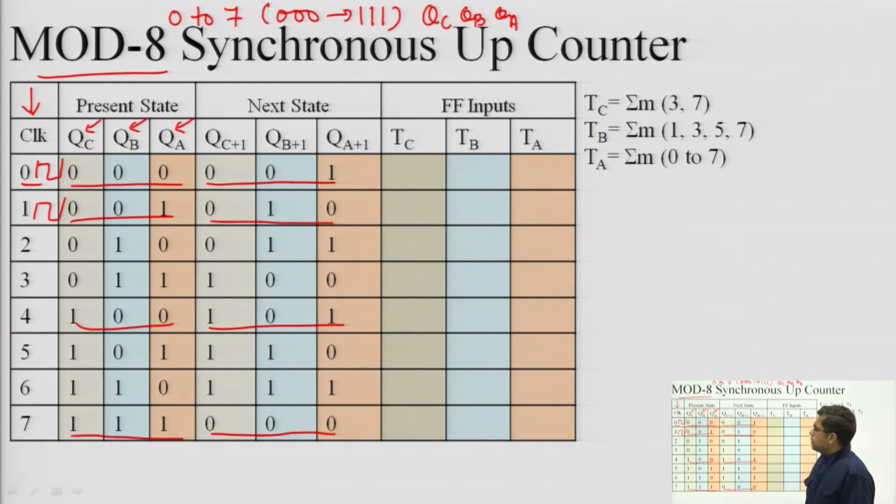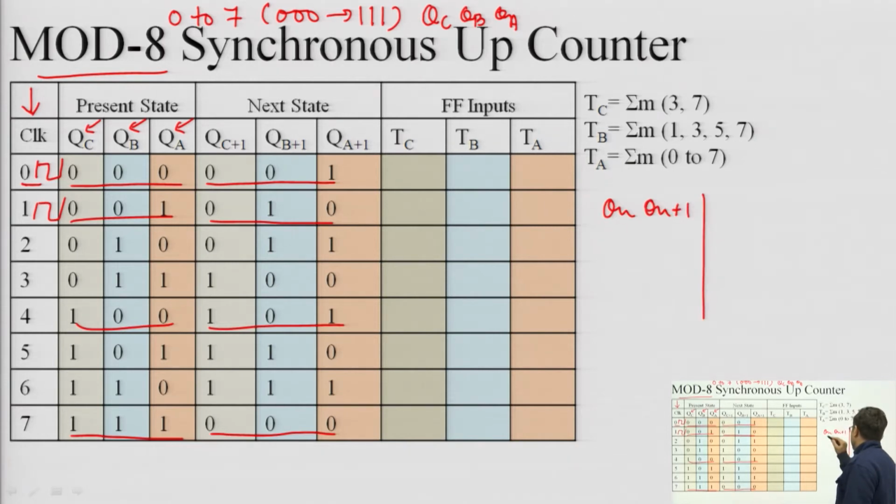So, this is prepared. Now, for TC, TB, TA, I require the excitation table of the T flip flops, which I am summarizing here.